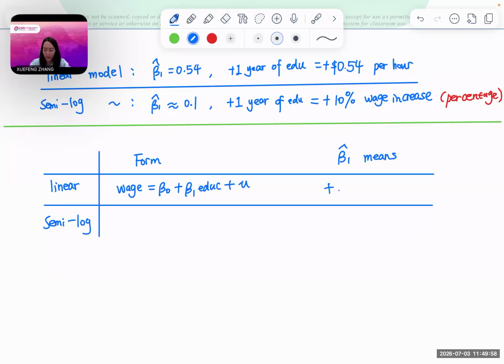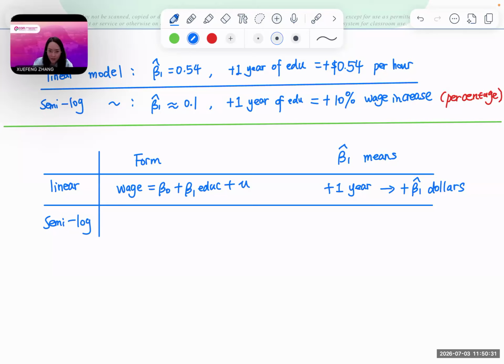Plus 1 year, and then you're going to get beta 1 hat dollars, right? Be careful, the interpretation is very important at your level, okay? Because you have to interpret your estimation results later for your research exercise, which is 409.